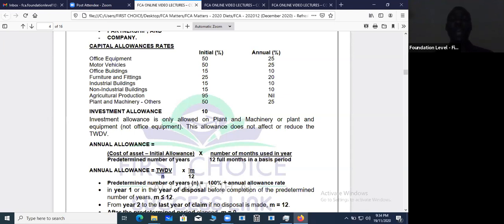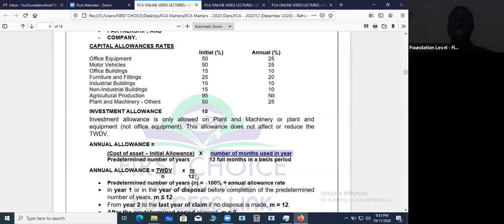Now, what is this M over 12? It is the number of months you use the asset in a year. So let's look at the first year. If the first year you use it for only 6 months, your M becomes 6. So that means you will say 6 over 12, which is 1 over 2. So whatever you've done here, tax written down value divided by N, still has to be prorated by the number of months used in a basis period.